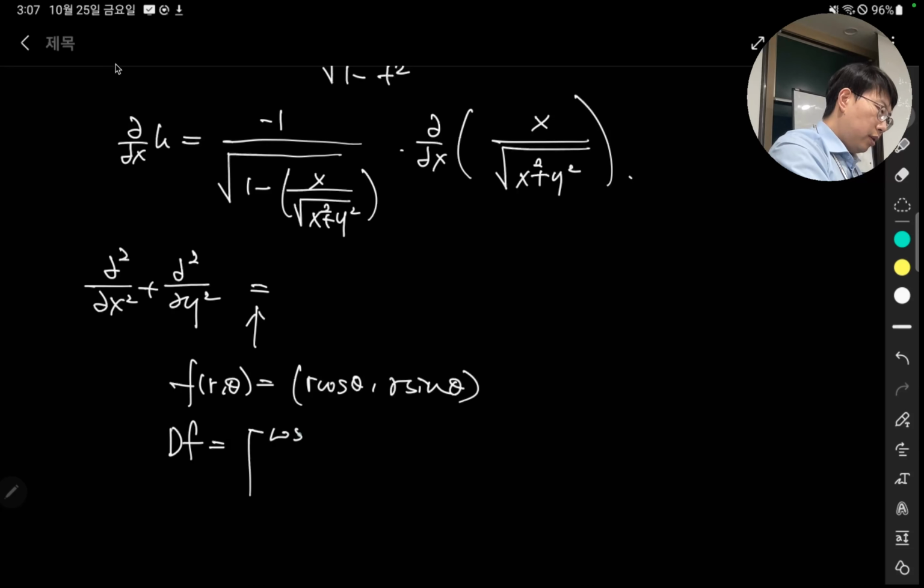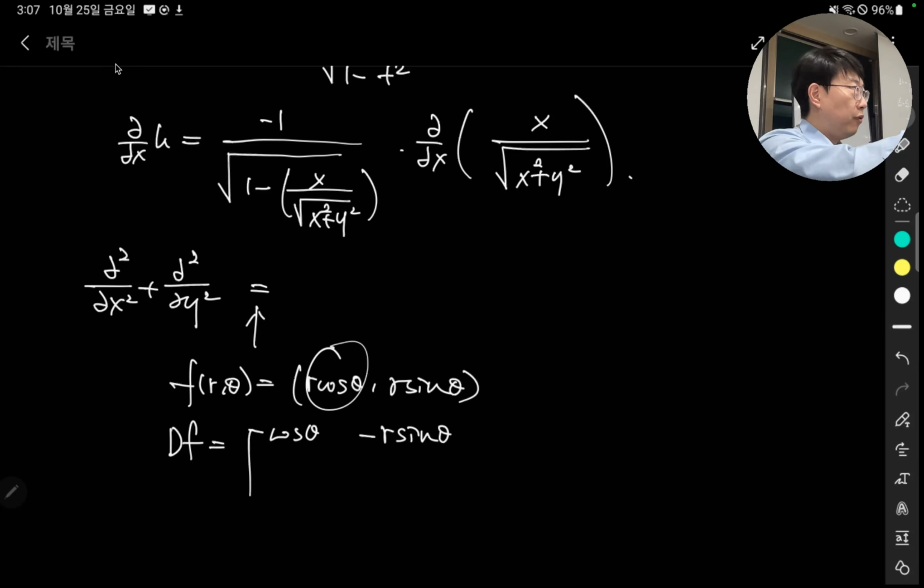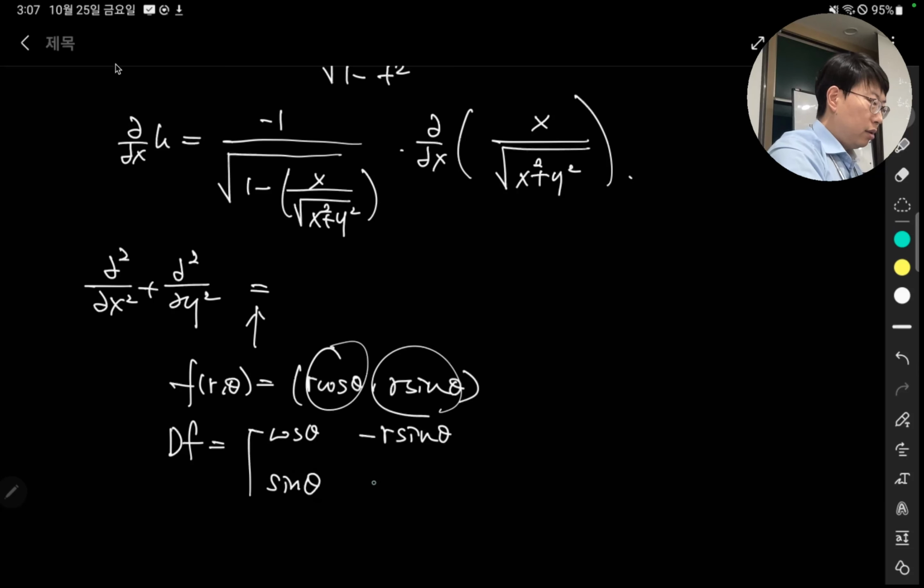It's cosine theta, sine theta, and cosine theta minus r sine theta. So I'm doing just the partial derivative of r cosine theta, first with r and second by theta, and then taking the partial derivative of r sine theta, sine theta and r cosine theta.